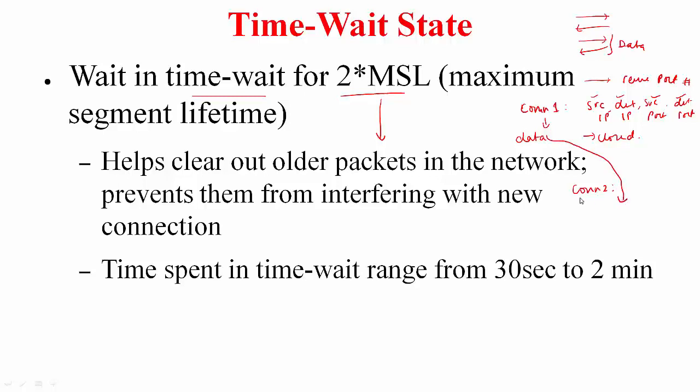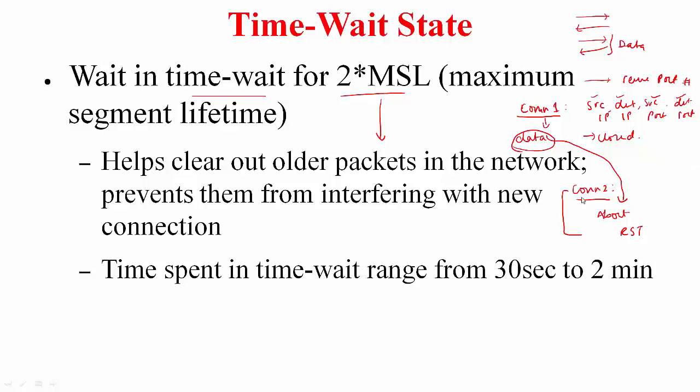Now if you don't wait for this time, what can happen is this older data can come as part of this connection 2, and typically the sequence numbers of that will not match this particular sequence number. As a consequence of this, you're going to abort this connection by sending the reset flag. So this is unnecessary work. So to prevent this particular case, as part of connection 1 itself, you wait in this time wait state till all this data disappears.